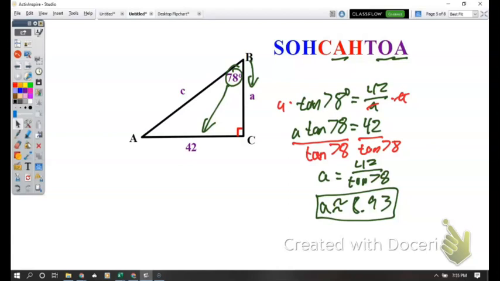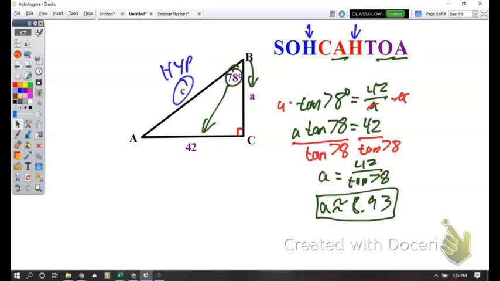Okay, so that's A. Now I need to find B. Sorry, not B. I'm looking for C now. C. Still using angle B. So if I'm looking for C, C is the hypotenuse. All right, so that means I'm going to be using either cosine or sine, one of those two. Well, which side do I know? Well, actually, I know A and B, right?